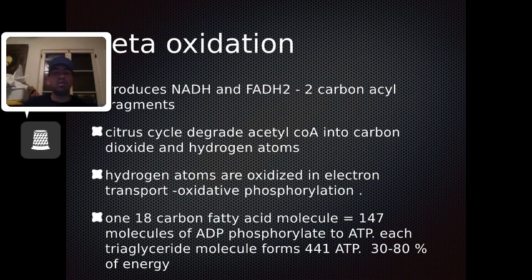Beta oxidation works hand in hand with the ETC and the Krebs cycle, or citric acid cycle. Each time a fatty acid undergoes oxidation, we shorten it by 2 carbon atoms and produce one NAD and one FAD.